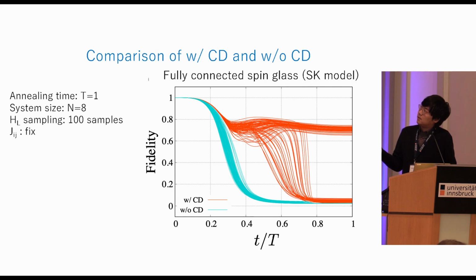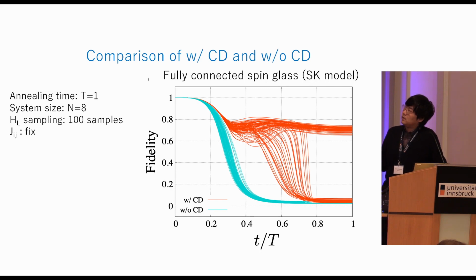In the case without the counter-diabatic term, the fidelity decreases in all samples because of non-adiabatic transitions. On the other hand, in the case with the counter-diabatic term, the reduction of fidelity is mitigated in many samples.